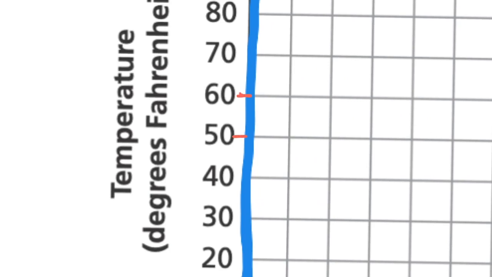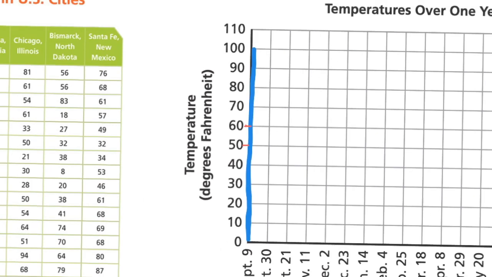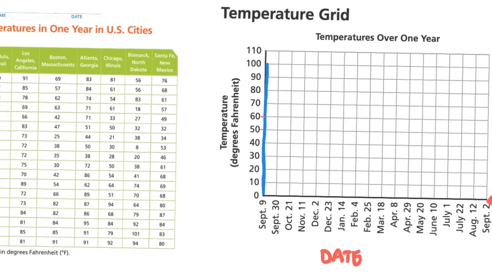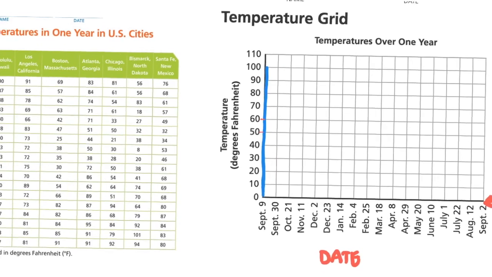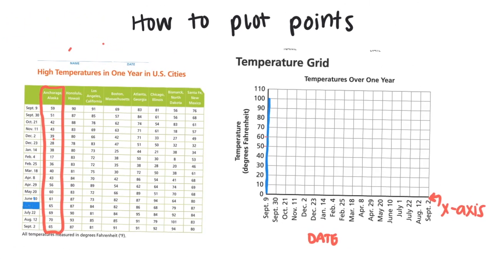How do I know where I would plot? Okay, think about 59. 59 is really close to 60, right? So I'm going to try to get it closest to 60. And I would plot that right there.